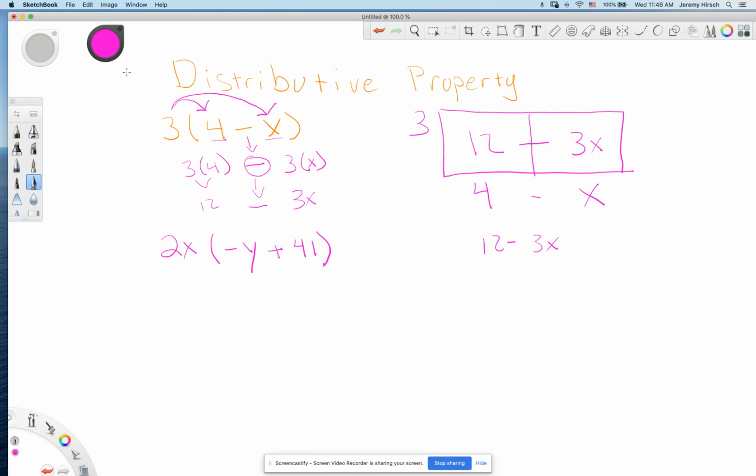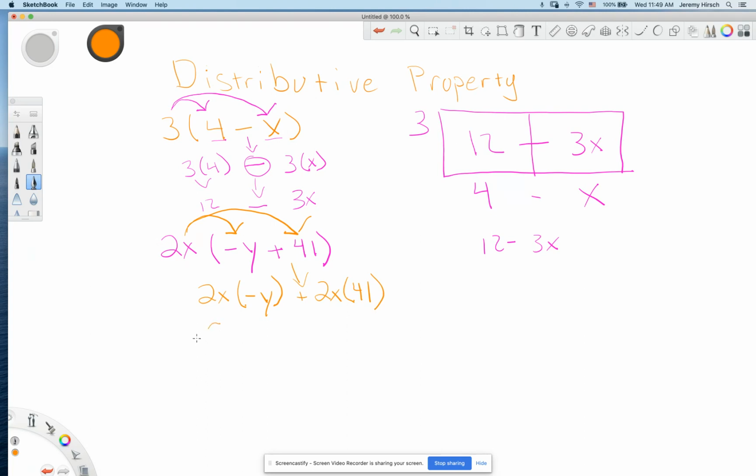In our first system, we distribute the 2x times this, and the 2x times this. So we have 2x times negative y, and then 2x times 41. We bring down the plus.